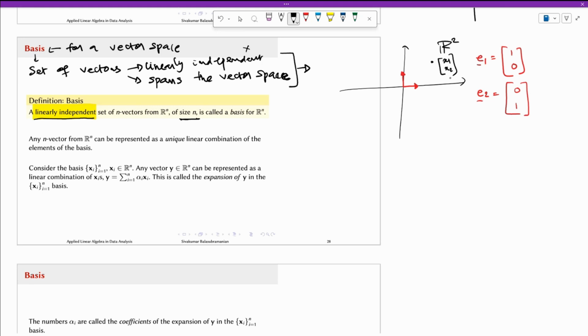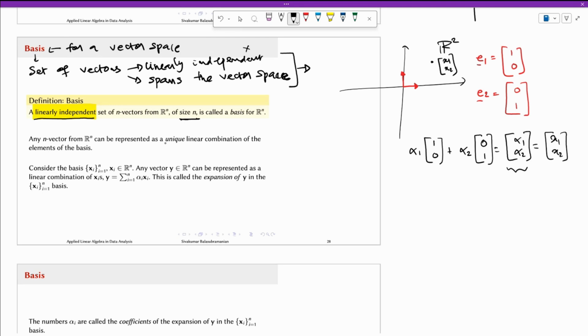If I want to produce x1, x2 through a linear combination, that means alpha 1 times 1, 0 plus alpha 2 times 0, 1, which will be equal to alpha 1, alpha 2. For this to be equal to x1, x2, alpha 1 has to be equal to x1, alpha 2 has to be equal to x2. There is no other value for alpha 1 and alpha 2 that will produce x1, x2. That means any vector that we have can be generated through a unique linear combination of my basis vectors.